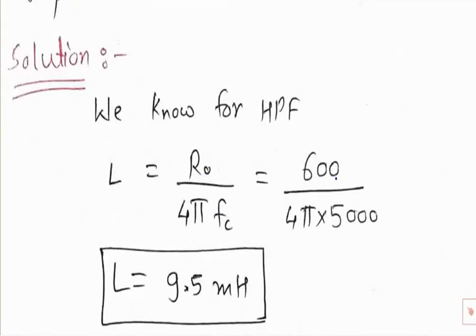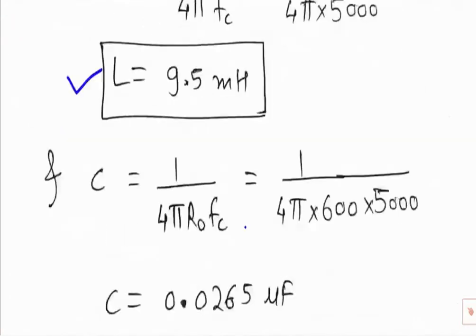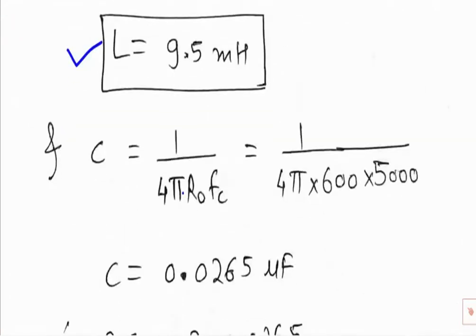R naught is 600, Fc is 5 kilohertz, that means 5000. Use the calculator, pause the video, and see whether you are getting 9.5 millihenry or not. Similarly, pause the video, use the formula for C and get the value of C.